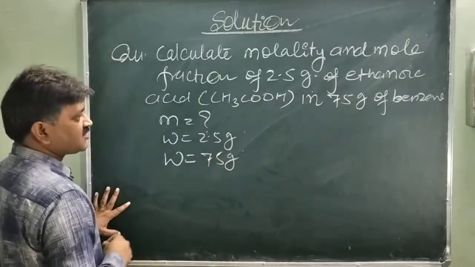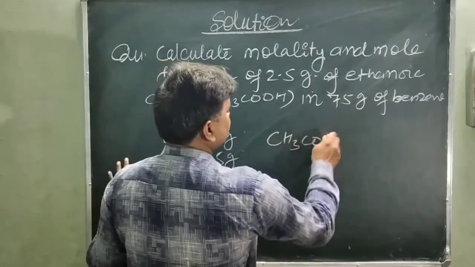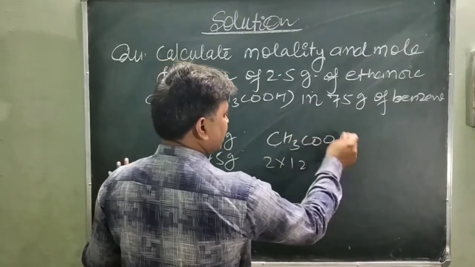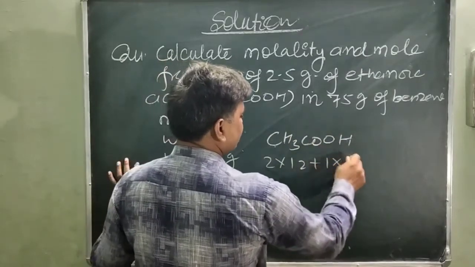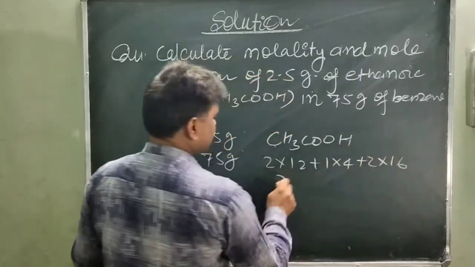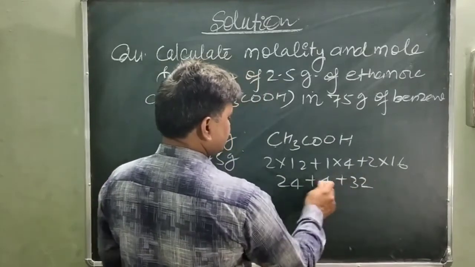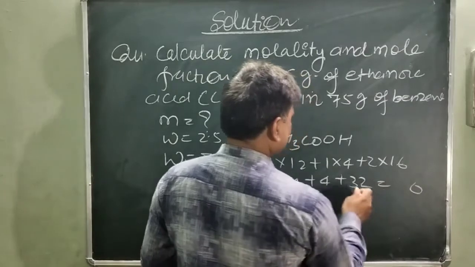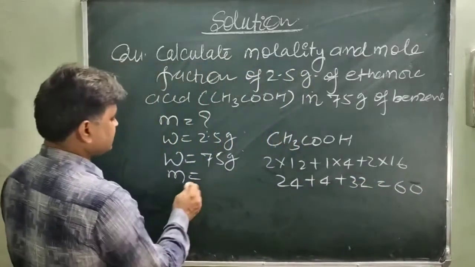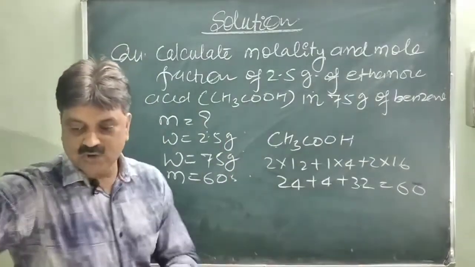Now the molar mass M of ethanoic acid, CH3COOH: 2 carbon is 2 into 12, 4 hydrogen is 4 into 1, and 2 oxygen is 2 into 16, so it becomes 24 plus 4 plus 32, which is 60. So the molar mass of acetic acid is 60 gram per mole.